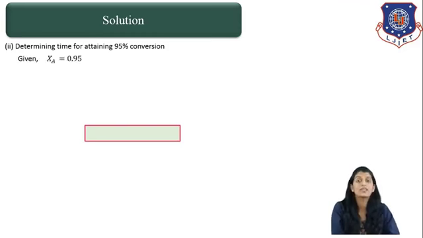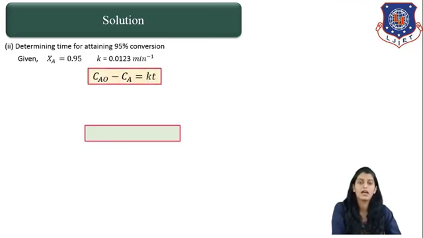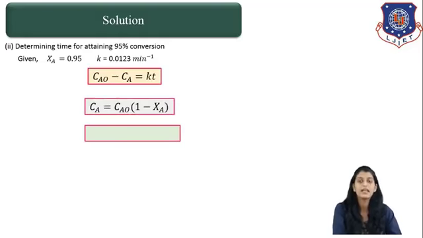We are asked to determine conversion of 95%. So Xa value is 0.95. K has been provided to us as 0.0123 minute inverse.